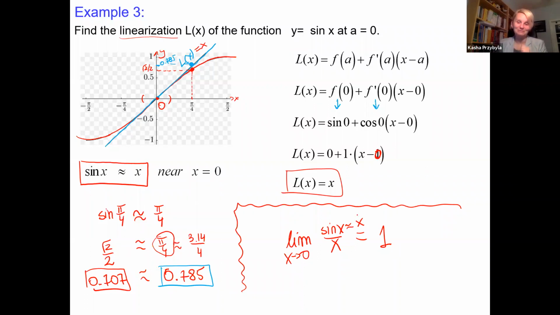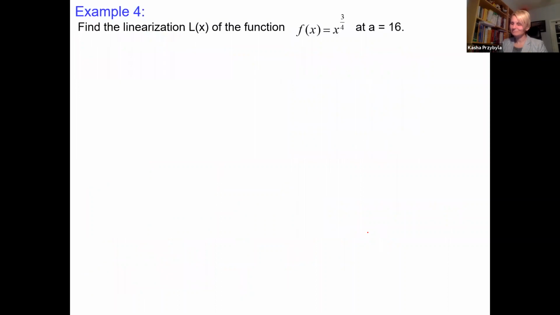X over x is 1. Do you like this? Yeah, nice proof. Of course, we have a little bit different proof for this limit, but we can think that sine of x behaves like x close to 0. X over x is 1. Really nice proof.